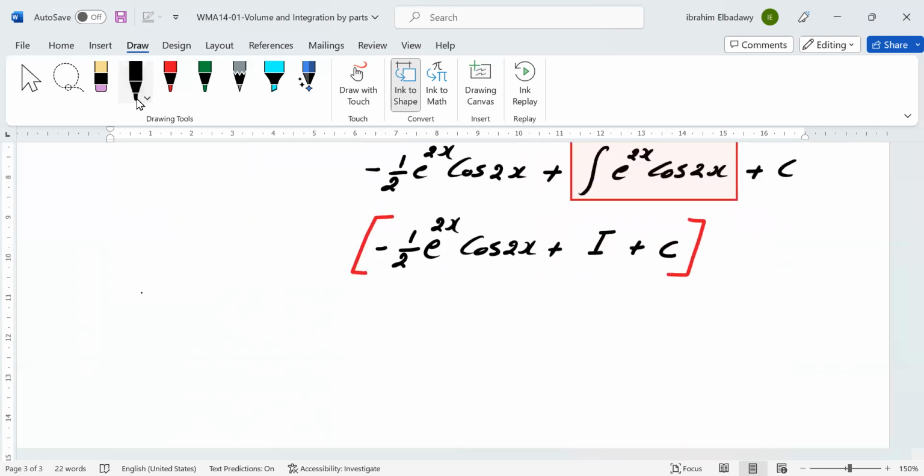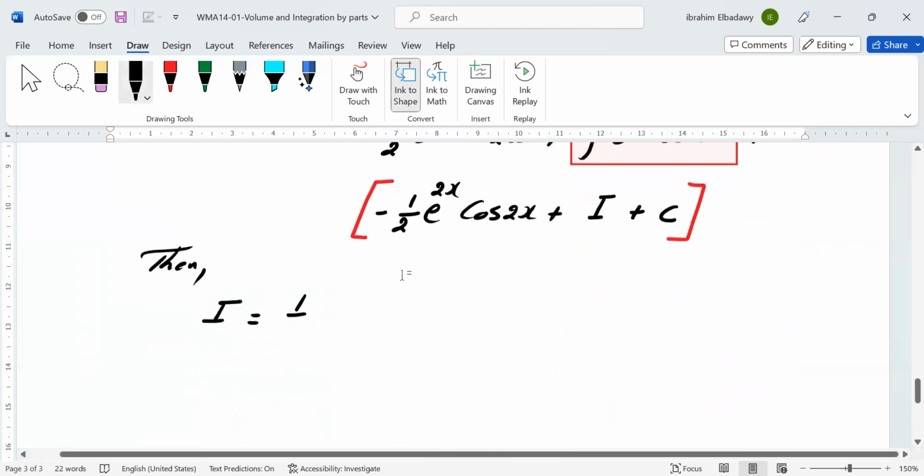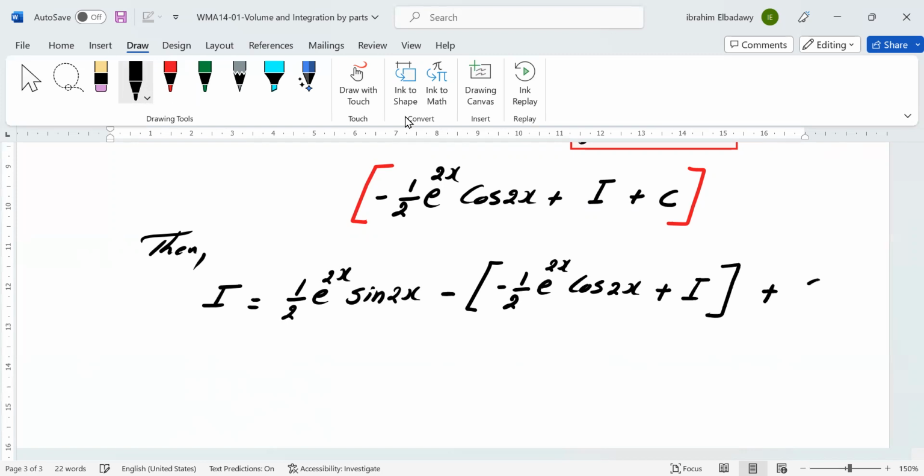So you have to write then my integration I equal to half e^2x sine 2x minus the integration, which you already did here, negative half e^2x cosine 2x plus I, and you can write the arbitrary constant here at the end.